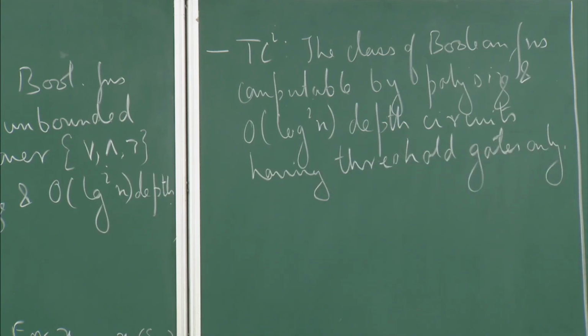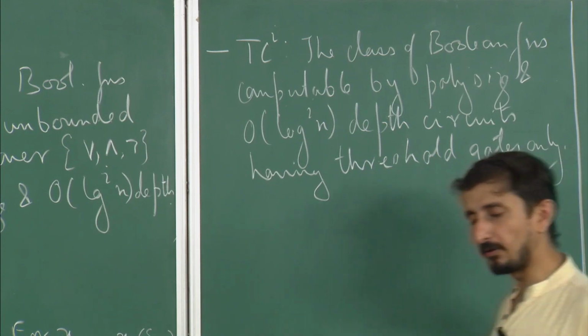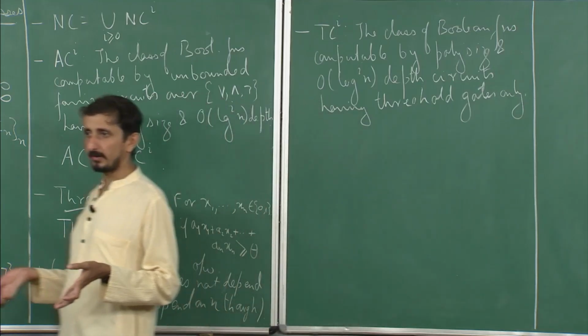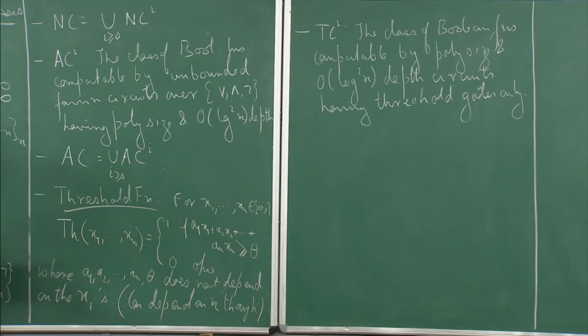So if I say a circuit, I will allow a circuit only to have threshold gates. TCi is basically all the functions that can be computed by such circuits which have polynomial size and log to the power i n depth.